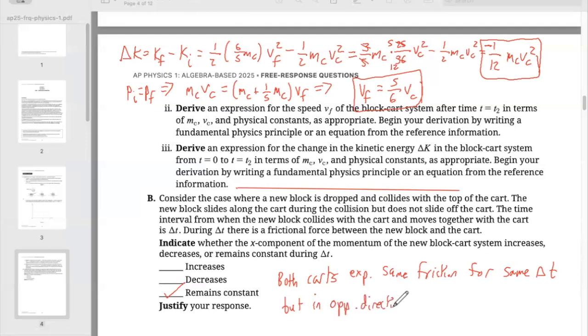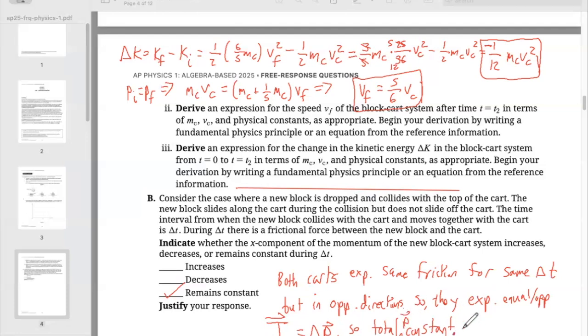So therefore they experience equal and opposite changes in momenta, or impulse, which is equal to change in momentum. So total momentum is still constant. There we go. I think that's it.